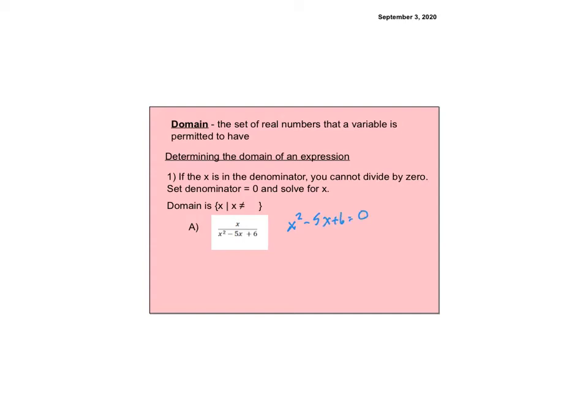And when we set that equal to 0, we notice, oh yeah, we can factor this. What times what gives us x squared? x and x. What multiplies to give us 6 and adds to give us negative 5? That would be minus 2 and minus 3. So now we can set each of these terms equal to 0.